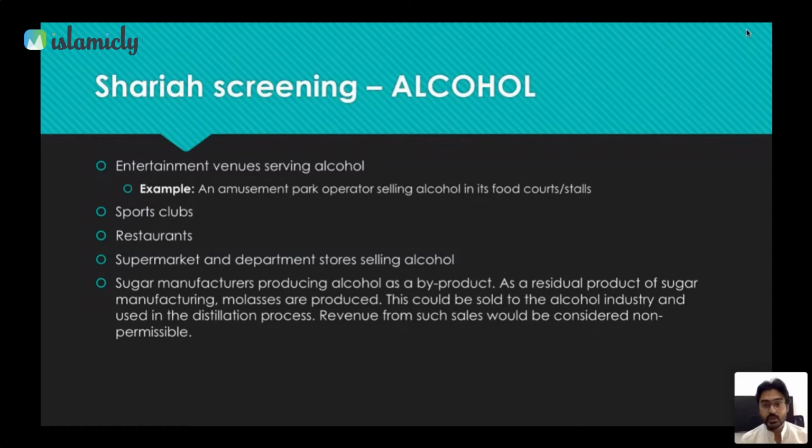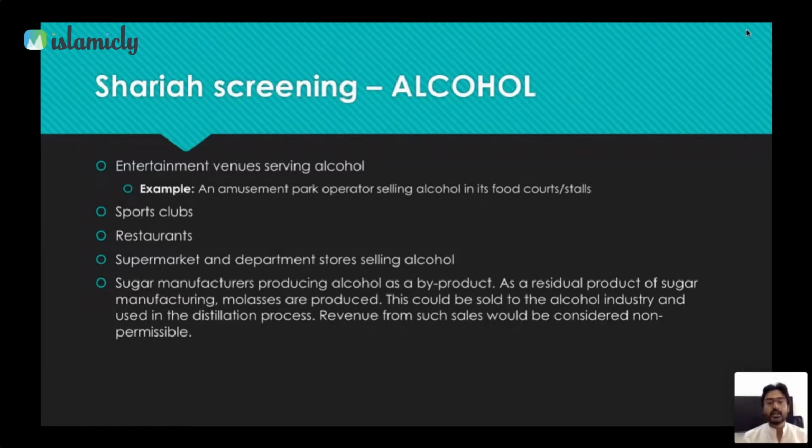Sports clubs: usually people think that of the very few sports clubs which are listed, they must be compliant because they're promoting sports. But there is a component of non-permissible income in those businesses as well, because they might be selling alcohol in their clubs.